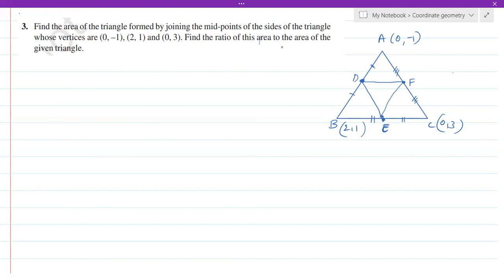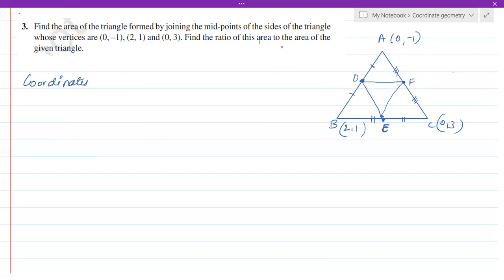Now we have to find the coordinates of D, E, F, because if you know the coordinates of the vertices of the triangle, you can easily find the area of the triangle, isn't it? To find the coordinates of DEF, it's very simple. Coordinates of D: D is the midpoint, right?